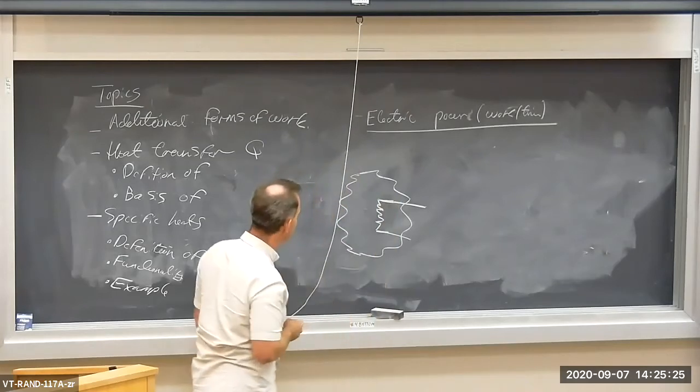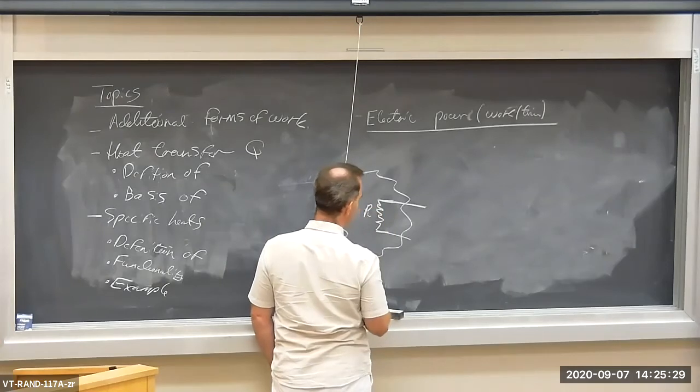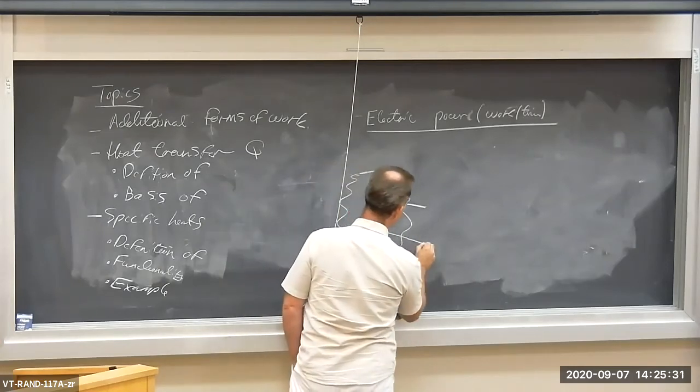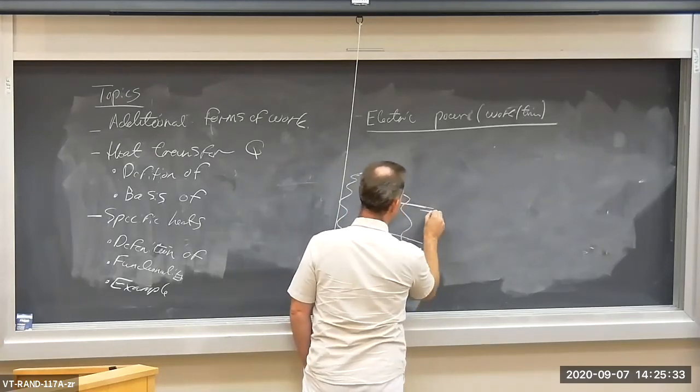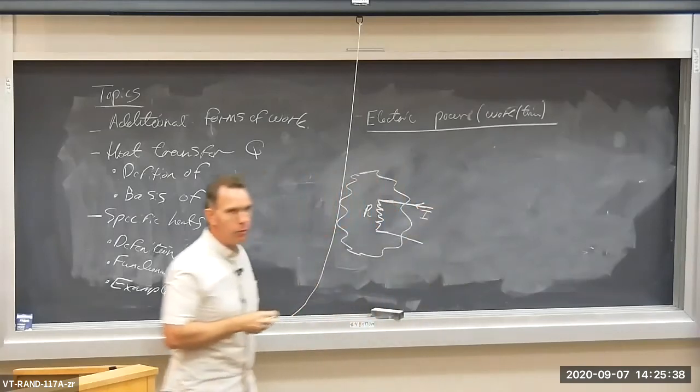Okay, so we have a resistor here, R, and we have some current flowing through the wire, through this resistor.